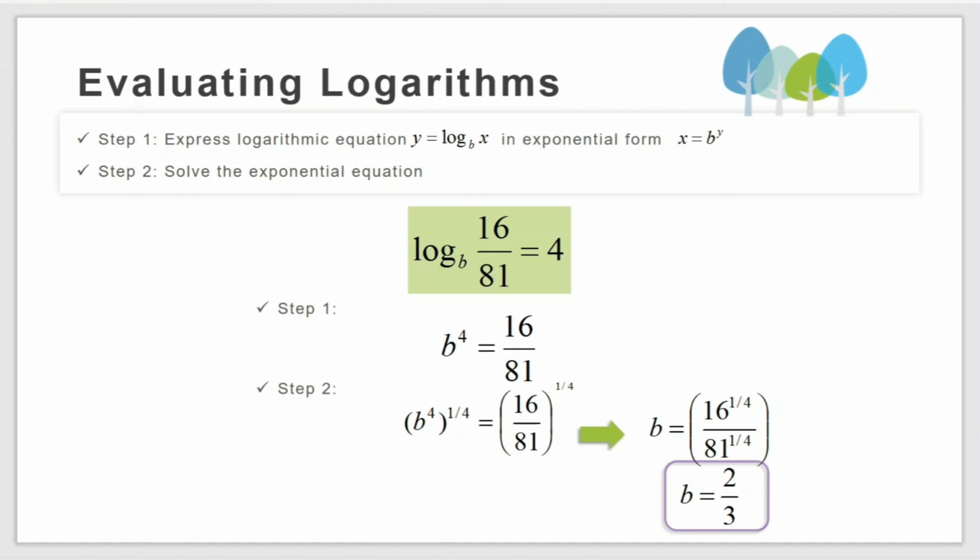So, anong value or anong power ang dapat na i-multiply both sides to cancel out 4? Okay, yes. So, we have to multiply both sides with 1/4. Okay. So, we'll get B is equal to 16 raised to 1/4 over 81 raised to 1/4. So, the final answer will be B is equal to 2/3.